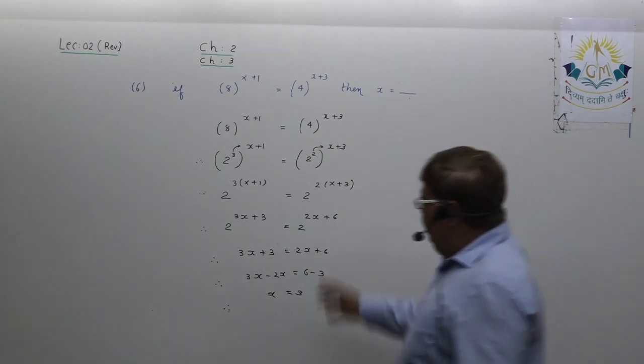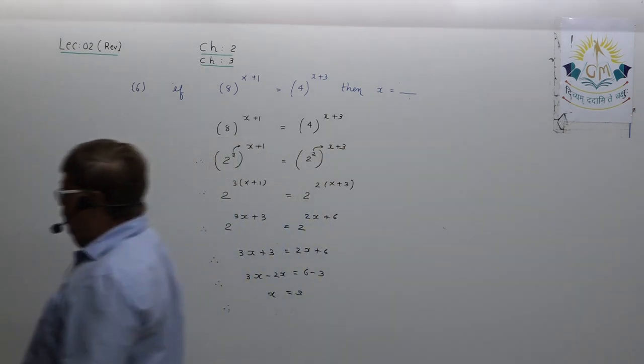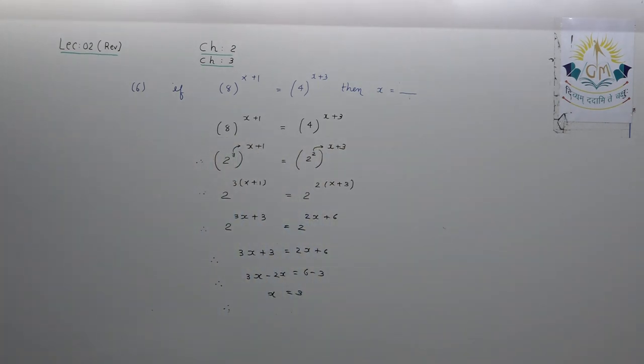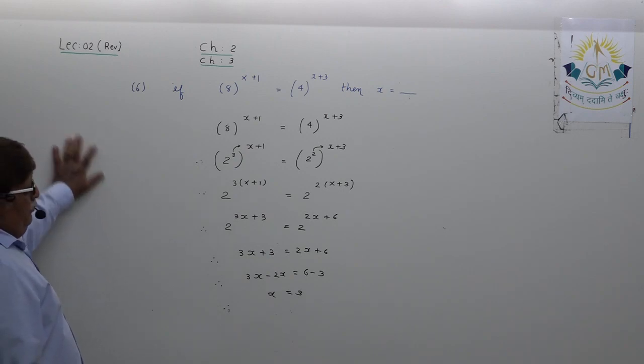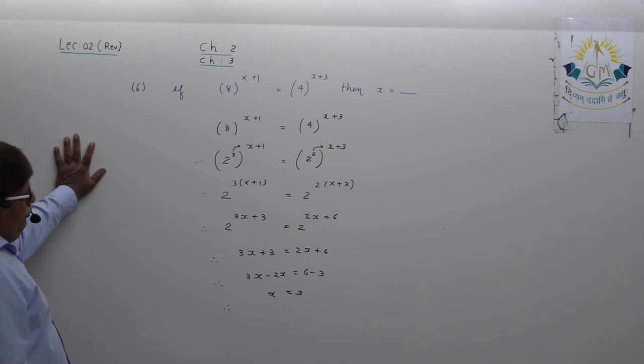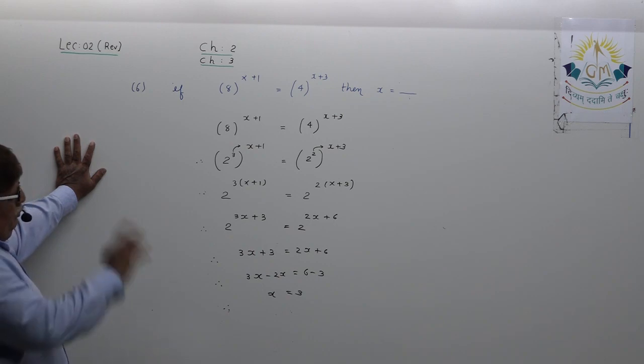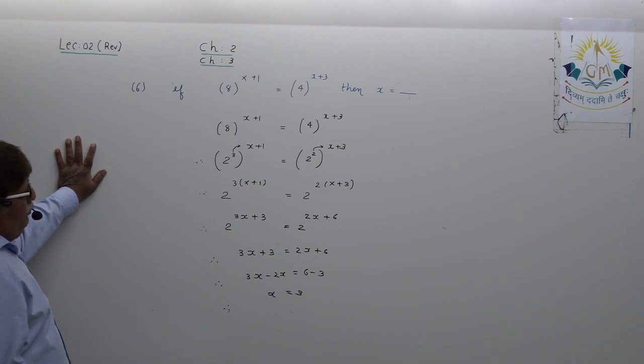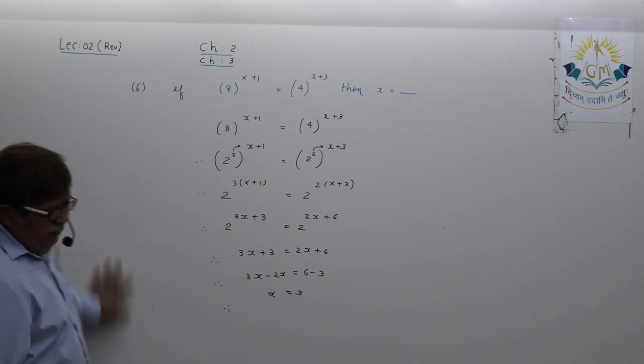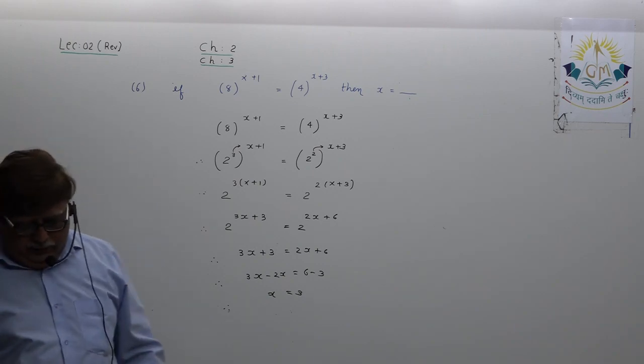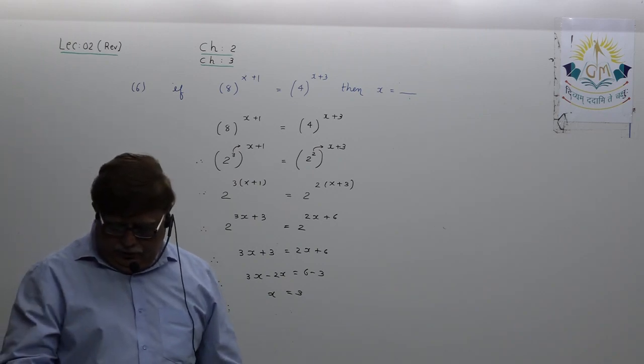You cannot compare the powers on both sides of the equation until you have a similar base. That's the basic requirement. And for that purpose, you need to express both numbers on either side of the equal to sign in the power of a similar base. That is your target.